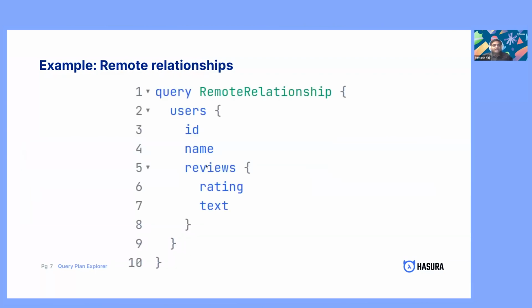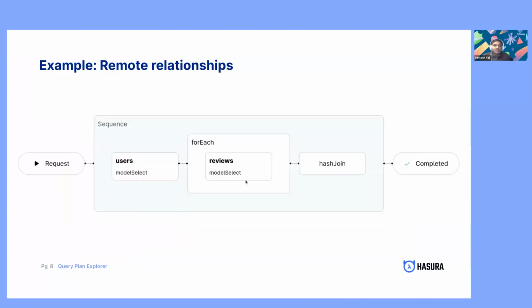Moving on, here we have a remote relationship. We have a model called users, backed by a data connector, and we have another model called review, which is from some other data connector. We have created a remote relationship between the two. As you can see, this will be a sequential execution.